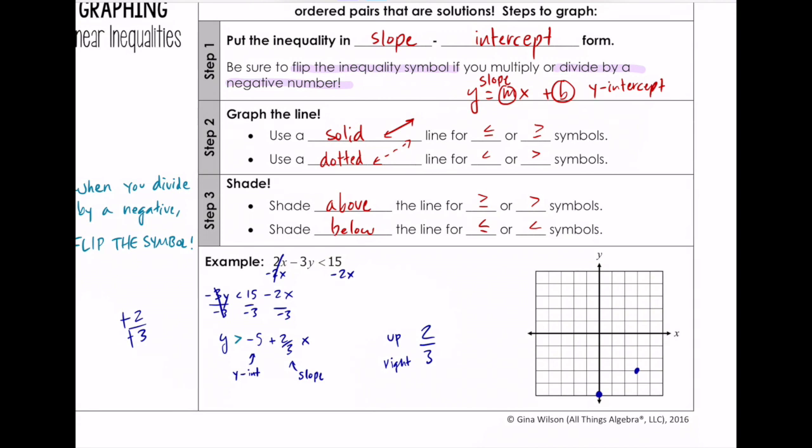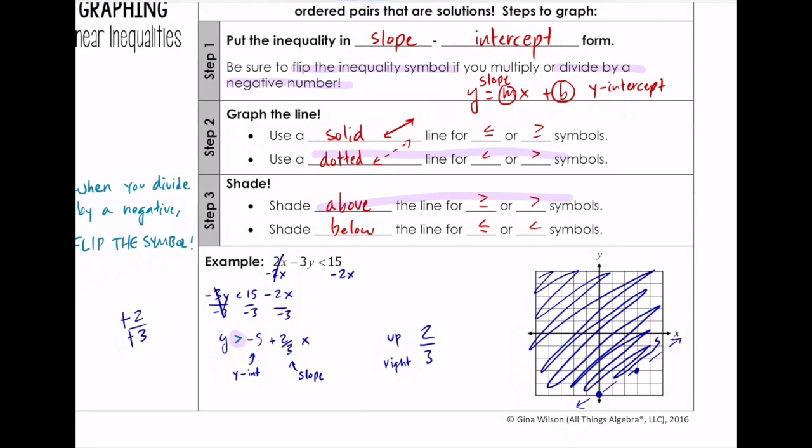So, based on this inequality symbol, I know that we have to use a dotted line, because it doesn't have that little line underneath. And then, based on the direction it's pointing, I know we need to shade above the line. So everything above the line gets filled in. And that's it. We have successfully graphed our linear inequality.